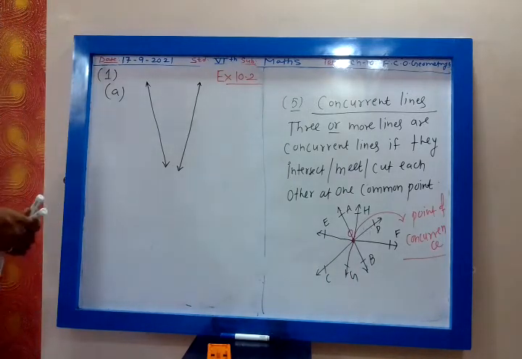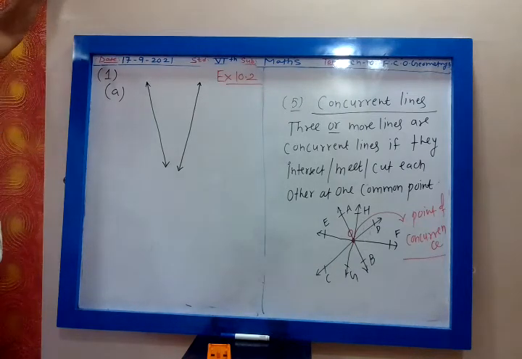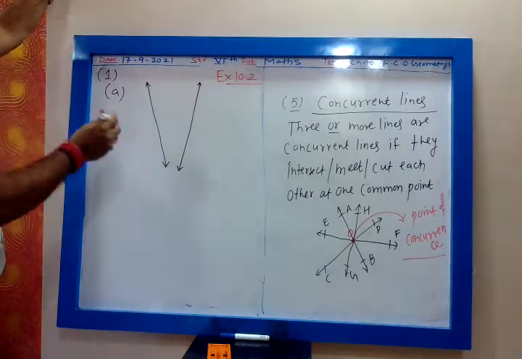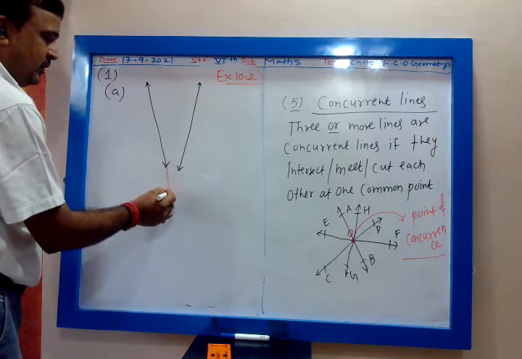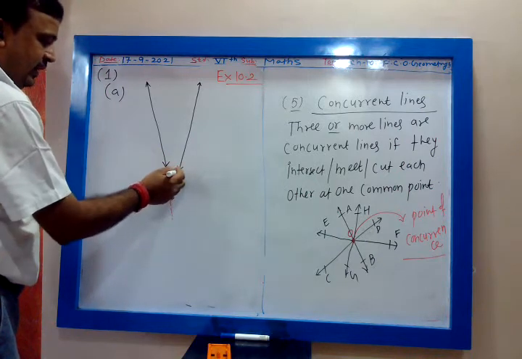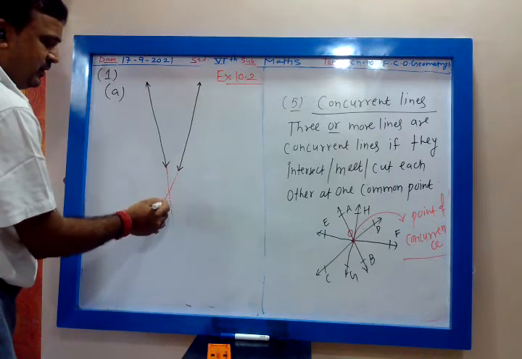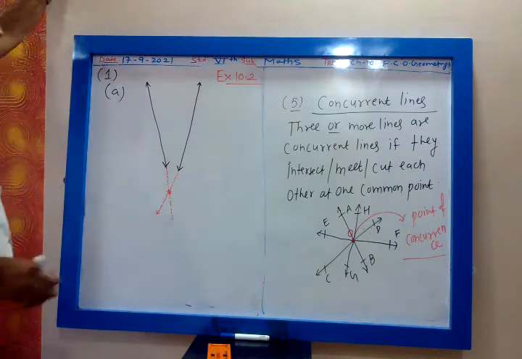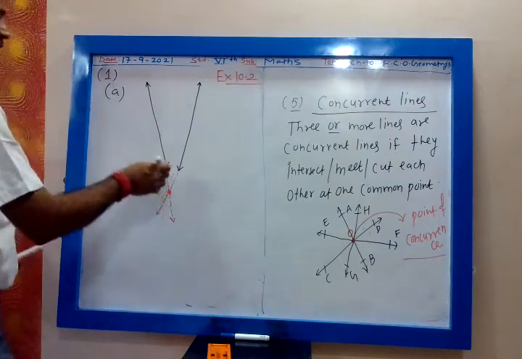If it is a line, intersecting, because if it is a line, you can extend the end. You can extend, and when you extend this side, they are intersecting. So line can be extended from arrow end.